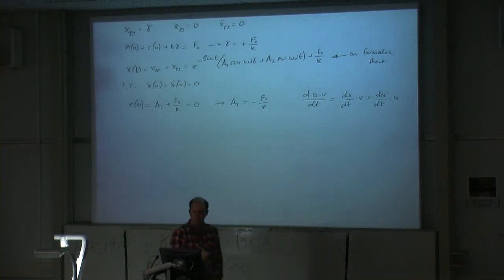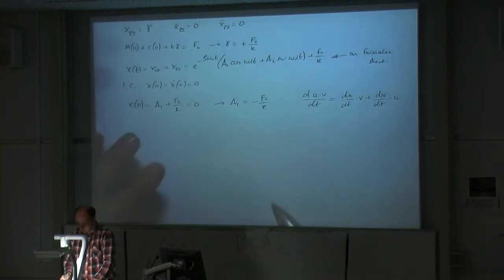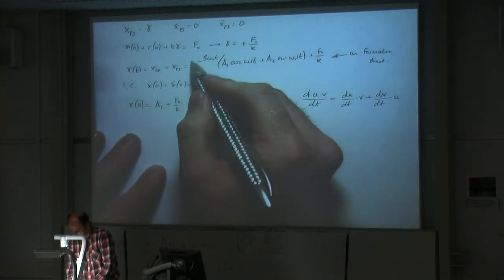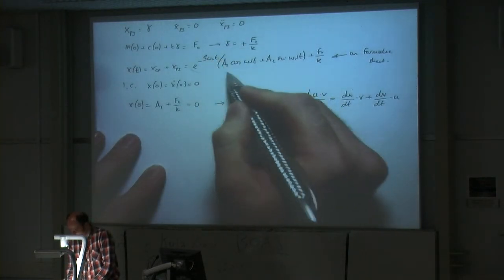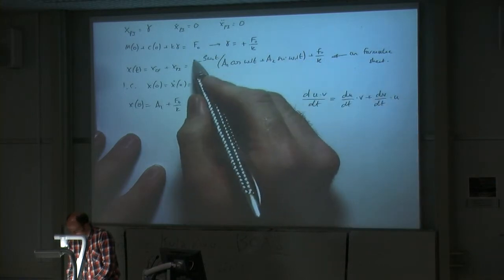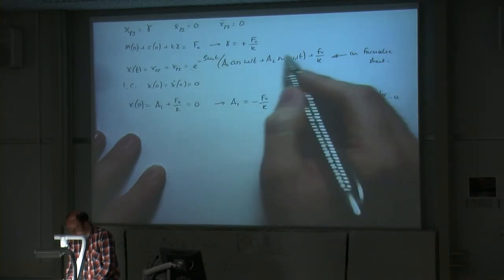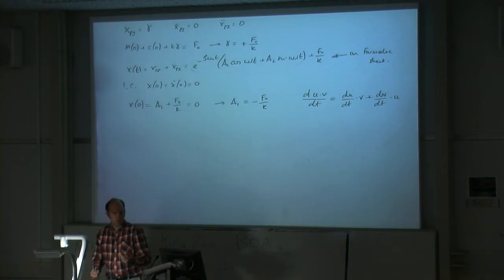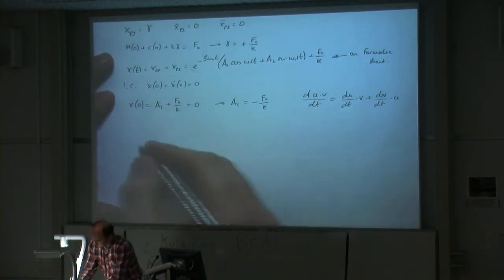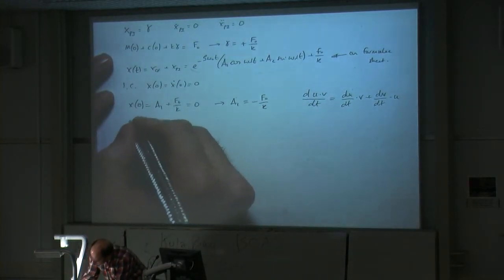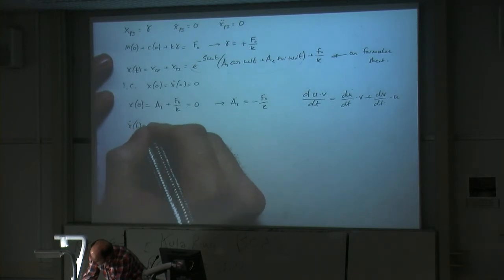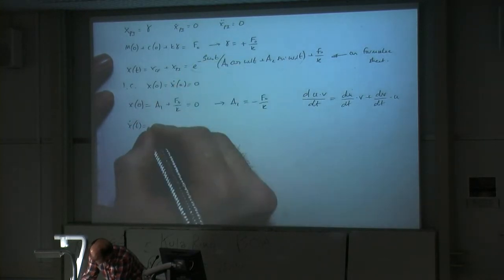That's the product rule, and that's what we've got to follow, because essentially we've got two functions of time. This could be my u term, this could be my v term, and so we have to do them together. It gets a bit long, but stay with me. So x dot of t is, well, we've got this term.